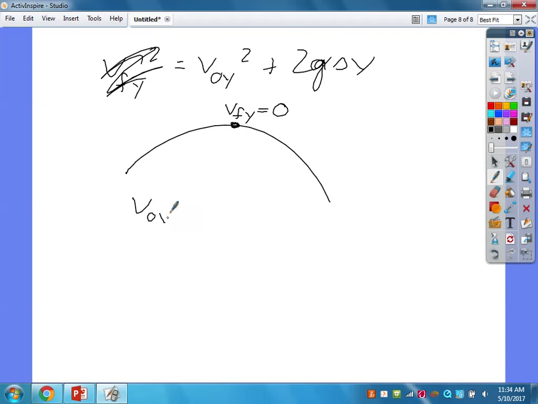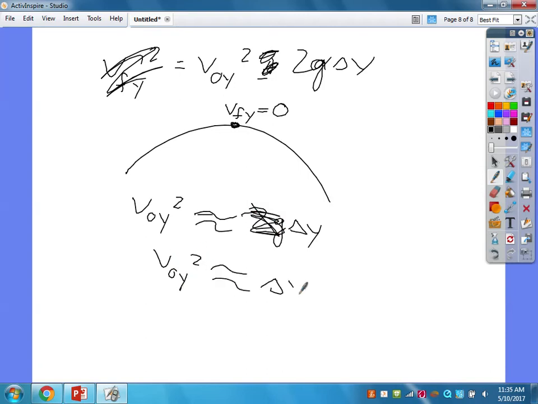So I'm left with v naught y squared is related to 2g delta y. And again, I'm ignoring all the positive and negative signs because technically this would be minus because g is negative. So I get rid of any constants. 2g is removed. So v naught y squared is related to delta y.